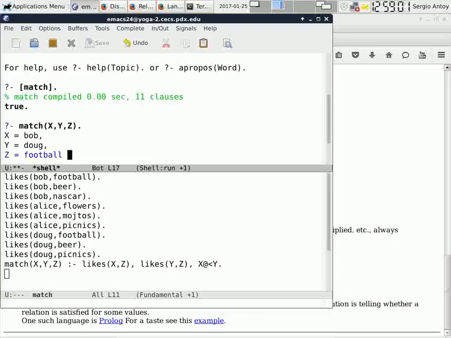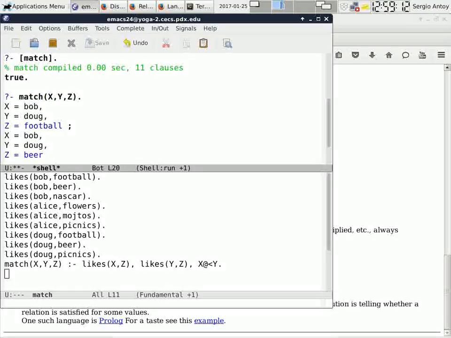At this point I say, I don't really like this match. I do this by putting a semicolon. And it's trying to find another one. Ah, Bob matches Doug because they both like beer, right?